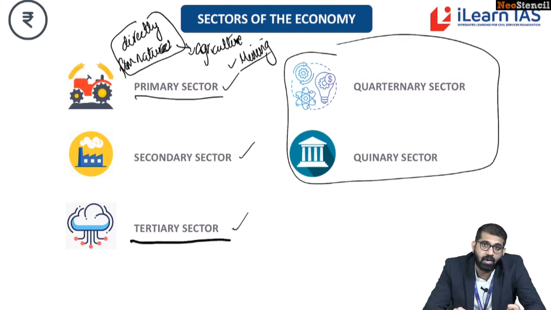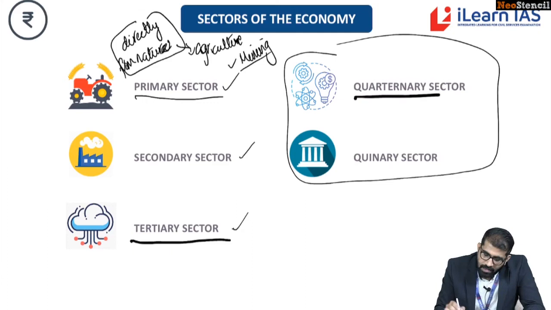The services carried out by different service providers, such as communication, telecommunication, the internet providers, they are providing us with a service. Clear? And even logistics or transportation is also a service. That means they are providing a particular service that we cannot see or touch. So that is the services sector.